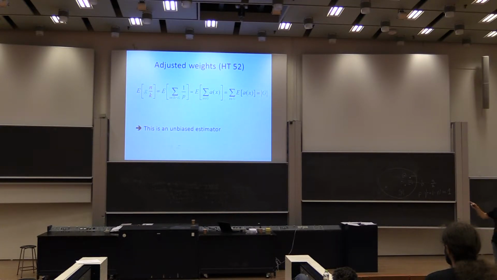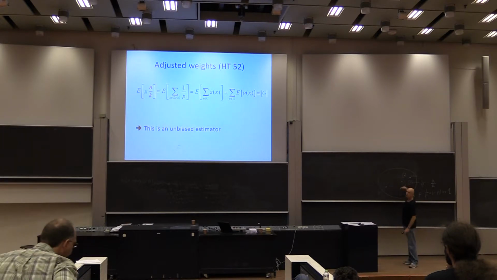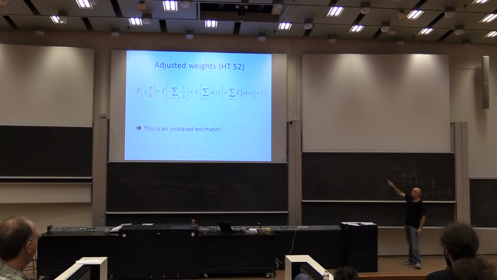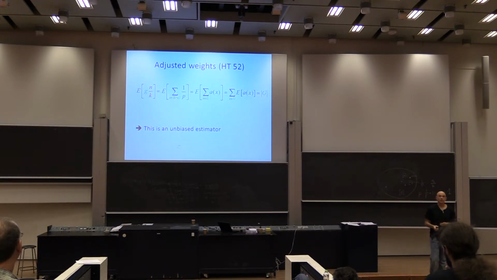So this actually proves that the estimator is what we call unbiased. This is the first property that you may want out of your estimator. You want the expectation of this estimator to be the size that you are trying to estimate. So if I take the average of this estimator over all the points in my sample space, I get exactly the number of green items.